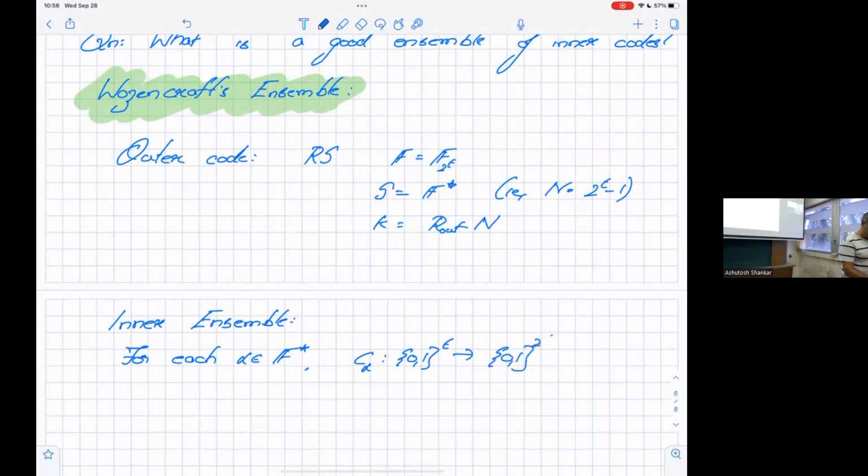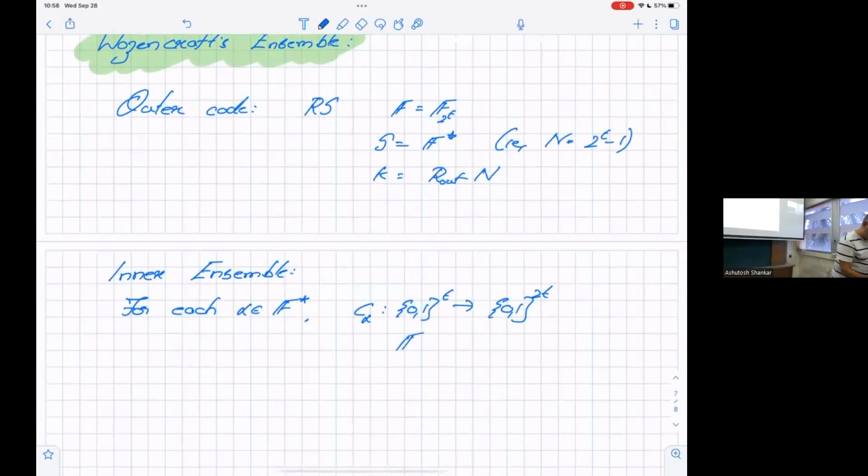We view this as F_2^t, and what we output is two elements of F_2^t. The code is just going to be x maps to x and alpha x. Just multiply it by the field element.